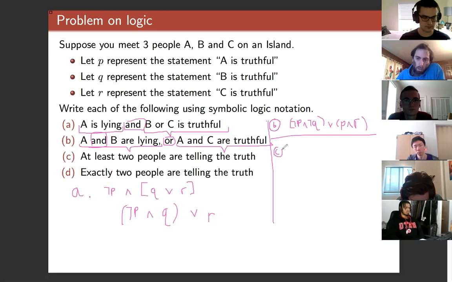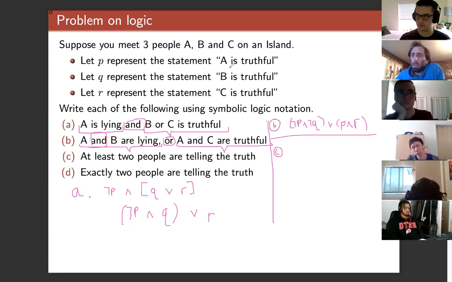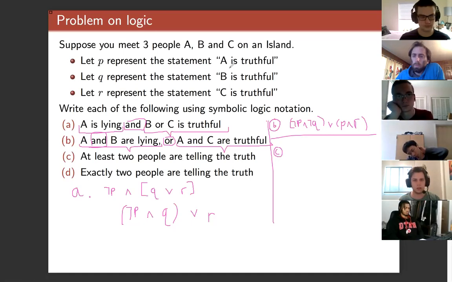So this one, at least 2 people are telling the truth. This can happen in 3 different ways. It could be that person A and person... No, I think there could be 4 possibilities, like AB, AC, BC, and ABC are telling the truth.